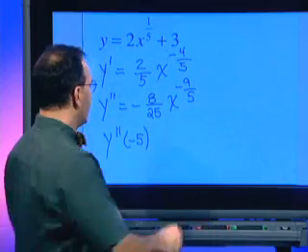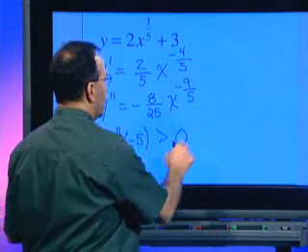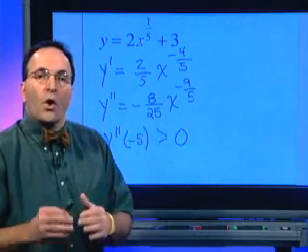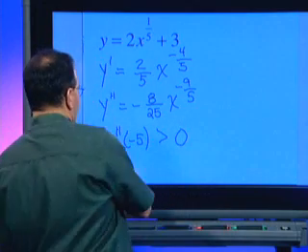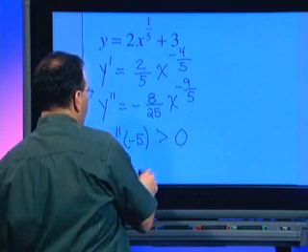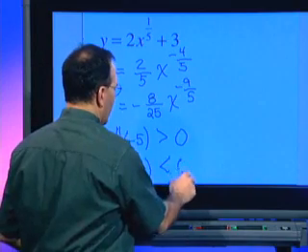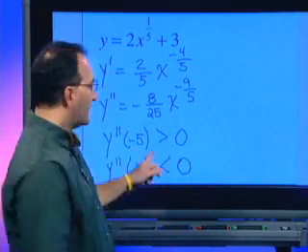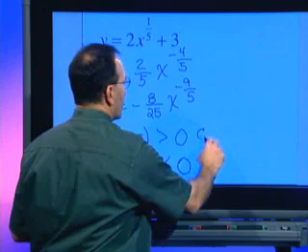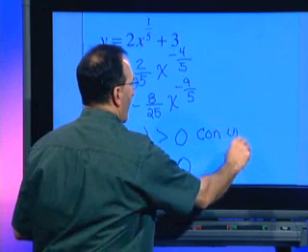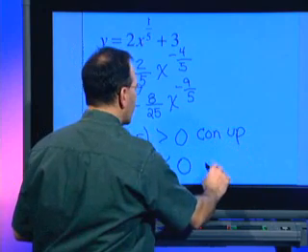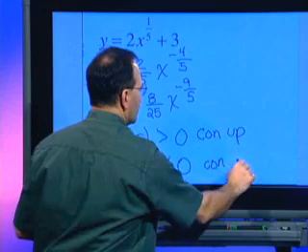Multiplied by the negative, that means that this is positive. By the same reasoning, if we take y double prime of some positive number, for example, 7, it's still positive here times this negative. This will be negative. What that tells me is that this is going to be concave up, and this is going to be concave down.